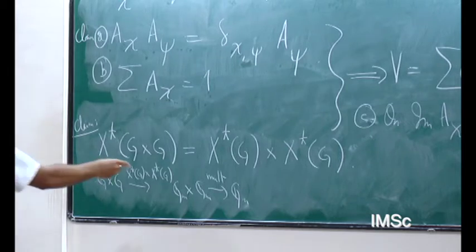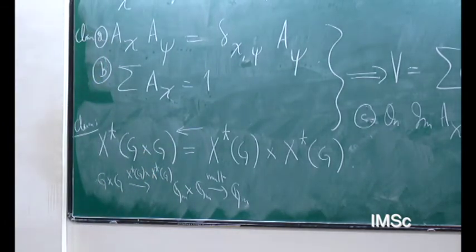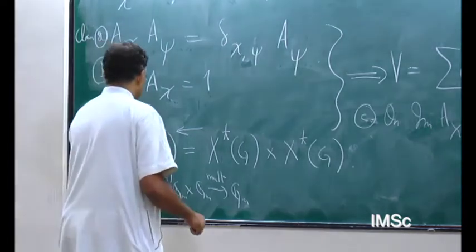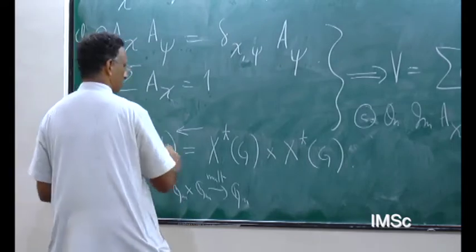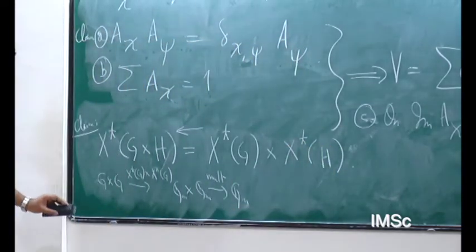So this tells us there is a map this way. Correct? Okay. Now, how do I get the other way map? Well, think of embedding G. Oh, let's do it slightly more generally, that will be clearer.